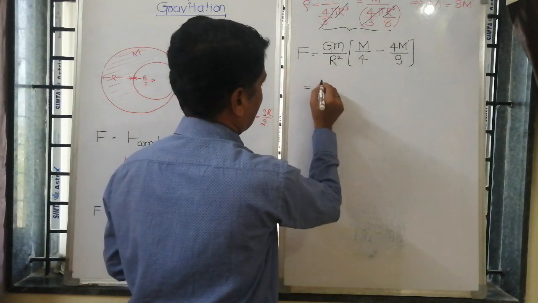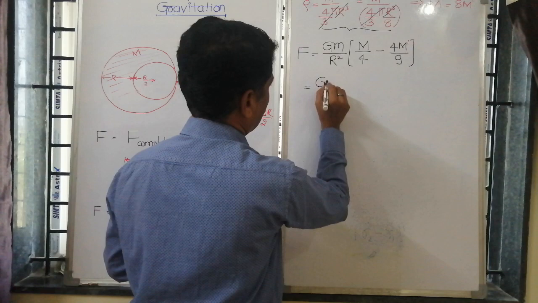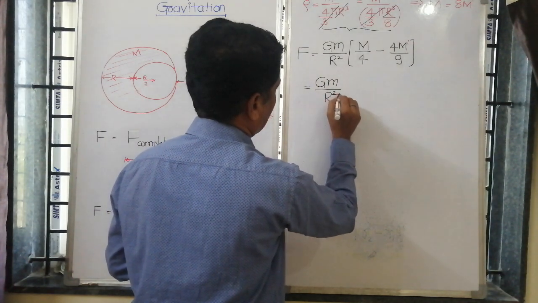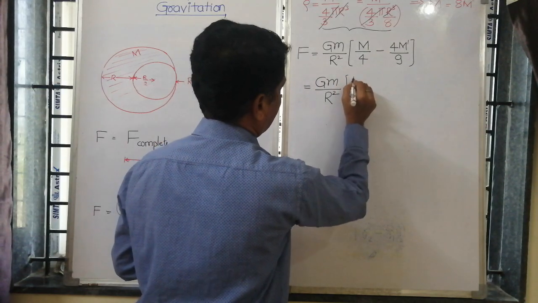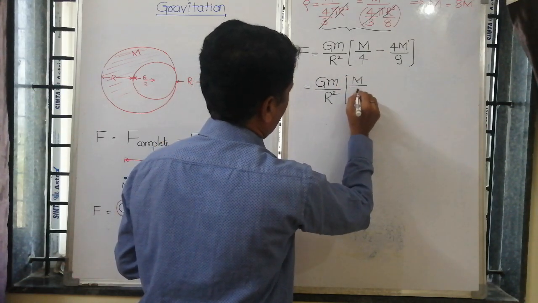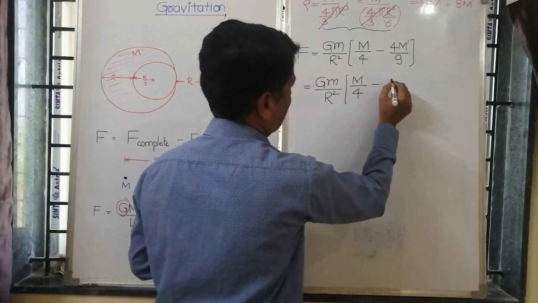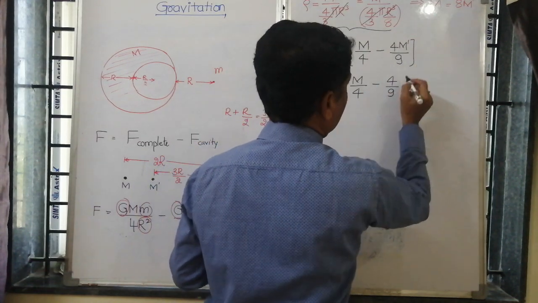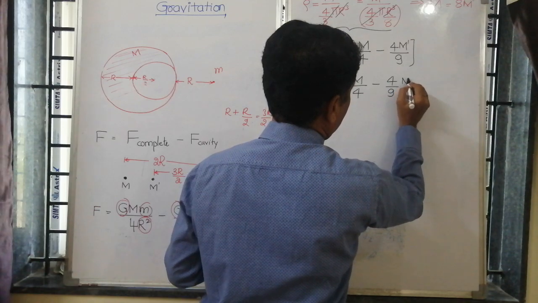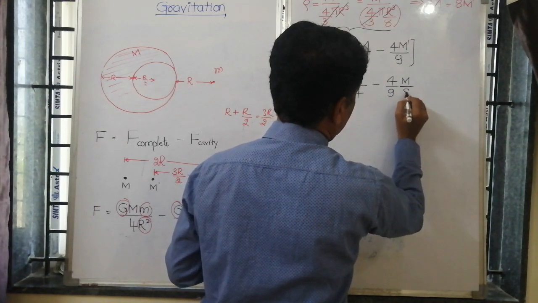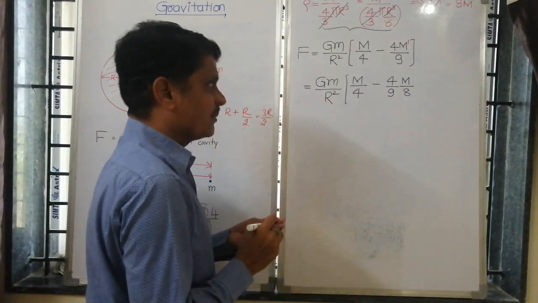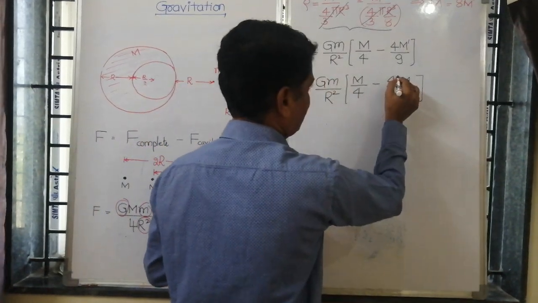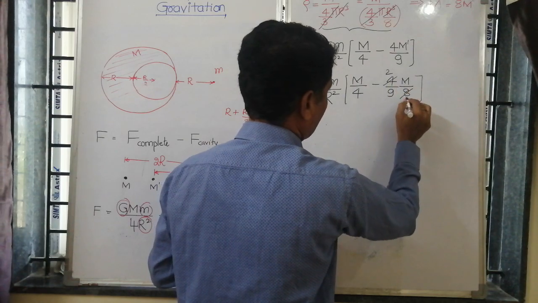Here capital G, small m by r square, in bracket M by 4 minus 4 by 9. Here m dash means I can say M divided by 8. Here 2 2s are 4, 2 4s are 8.